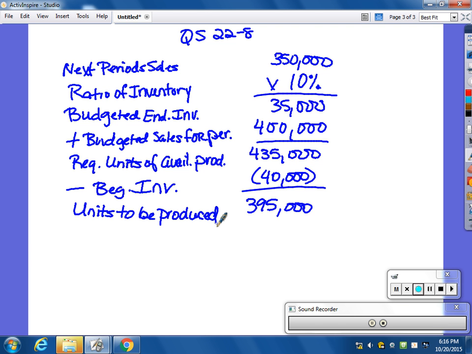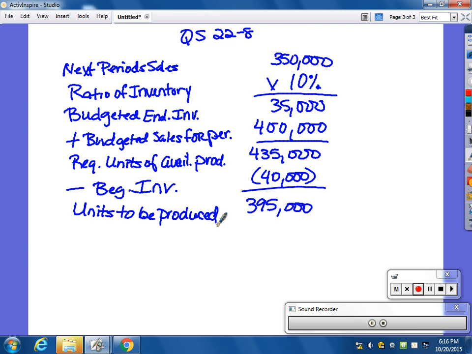Budgeted production, and that's what I put. You're looking for a factory overhead budget. And your question is what do we start with, right? Budgeted production units.